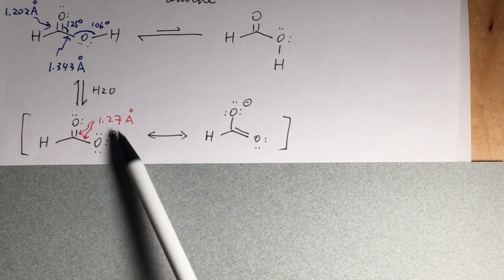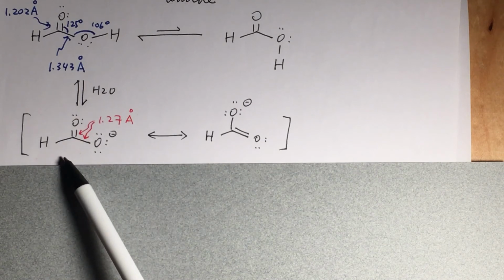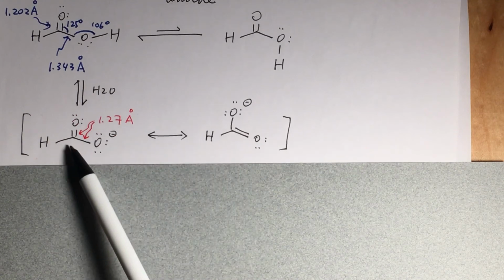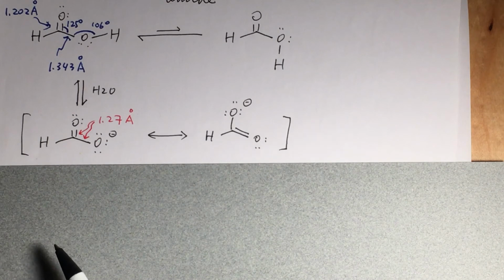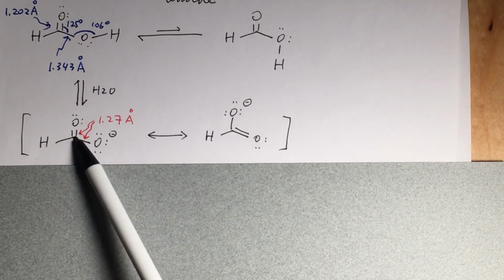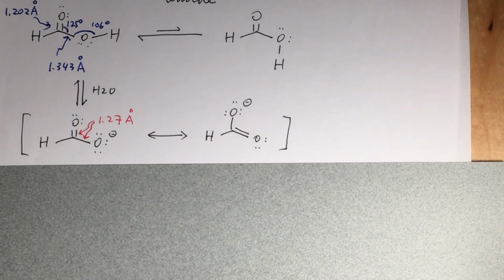This indicates that the molecule, or more accurately the anion, is a resonance hybrid between the two contributing structures. The resonance hybrid essentially has identical carbon-oxygen bonds, the same bond length and the same bond strength.